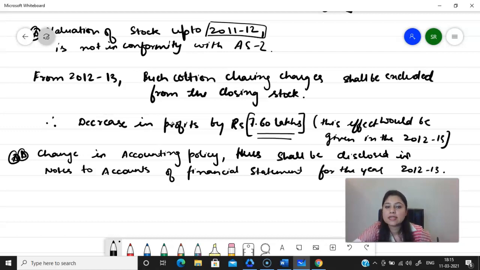And in order to specify the reason for such decrease, we will have to disclose such change and show it as a change in accounting policy, and thus disclose the entire working in the notes to accounts of the financial statement for the year 2012 and 13. So looking at the question, it seems simple, but while explaining your answer, you have to specify all these treatments.